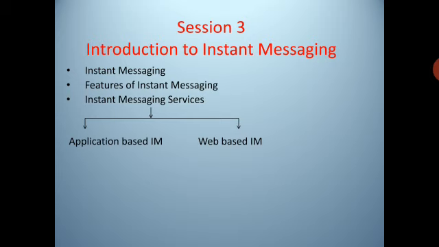Popular application based instant messaging software are Google Talk, Yahoo Messenger, Skype, Windows Live Messenger. Web based instant messaging software is accessed using browsers such as Mozilla Firefox and Google Chrome. Popular web based instant messaging software are Yahoo Messenger for the web and MSN Web Messenger.